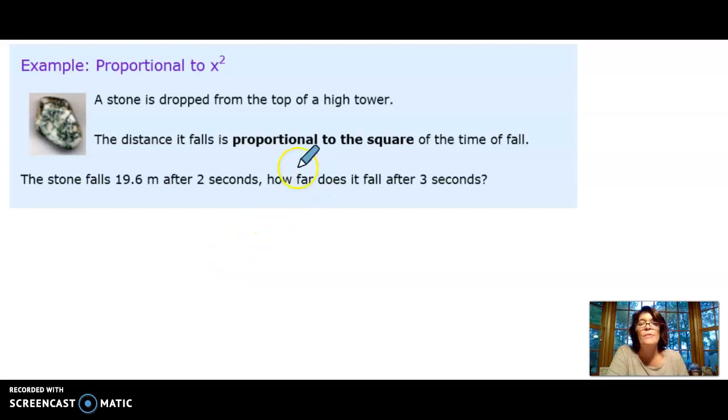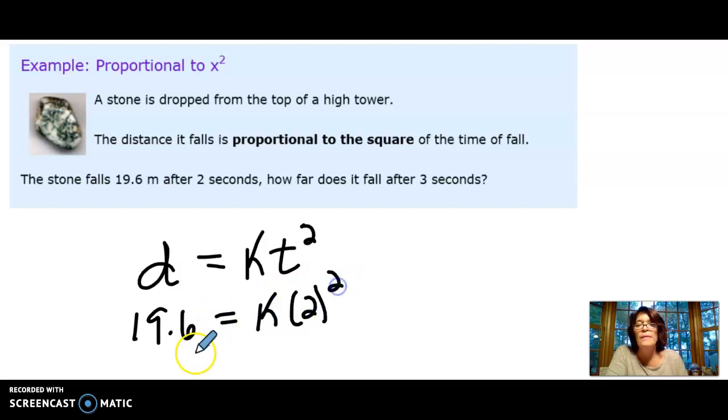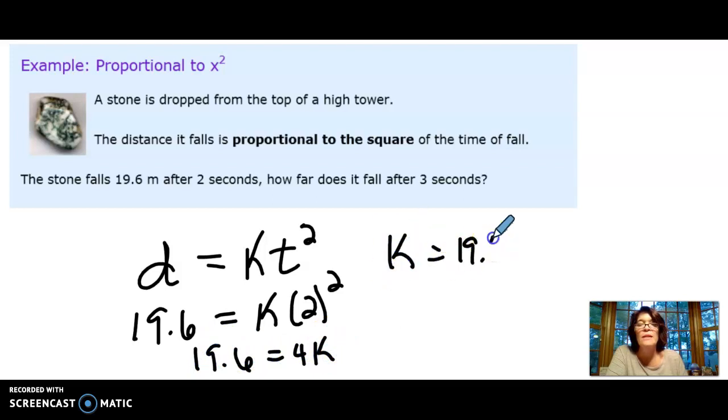So the distance equals K t squared, let's say, for D is distance and T is time. The stone falls 19.6 meters after 2 seconds. So 19.6 equals 4K. K equals 19.6 over 4.